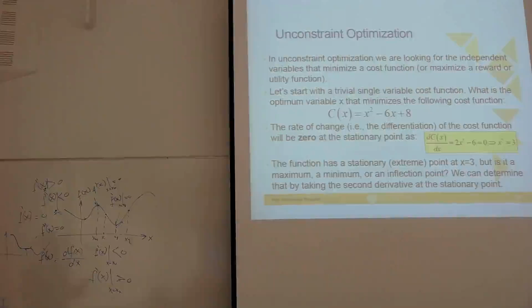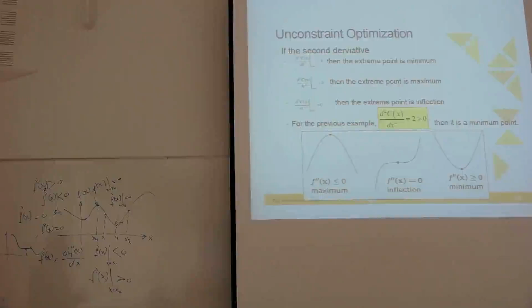After that, in this course we will discuss much more complicated cases with multidimensional problems. You can see here the situation of those three cases: the maximum, the inflection, and the minimum.